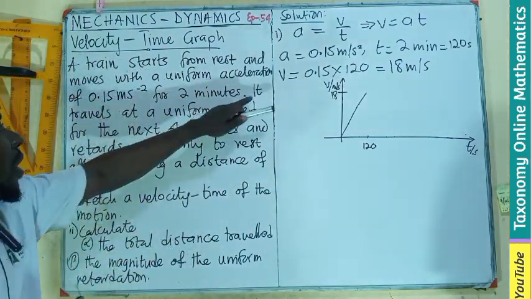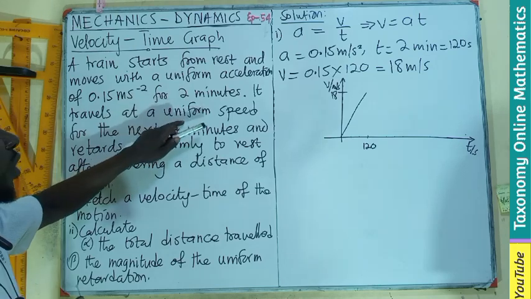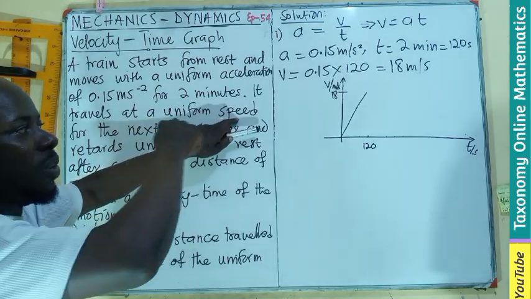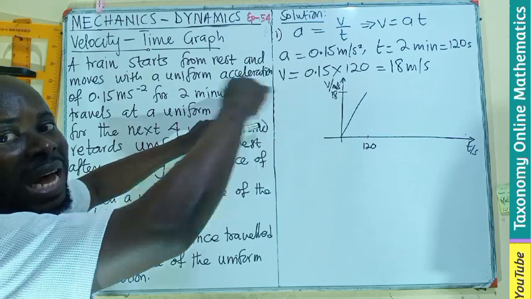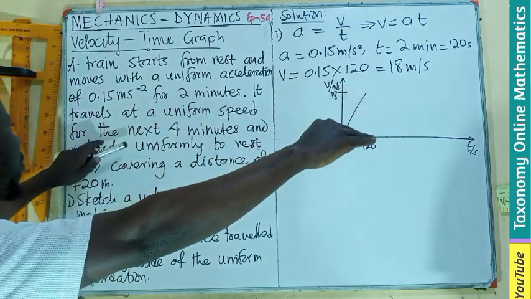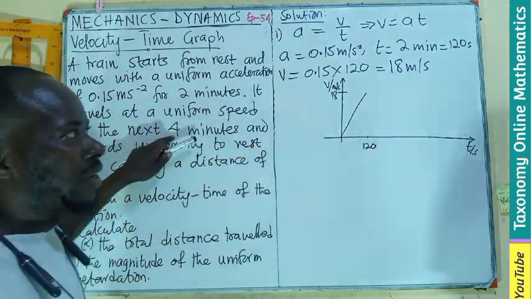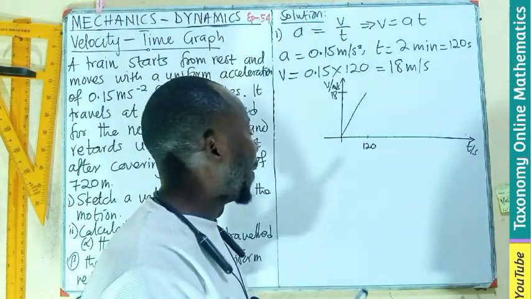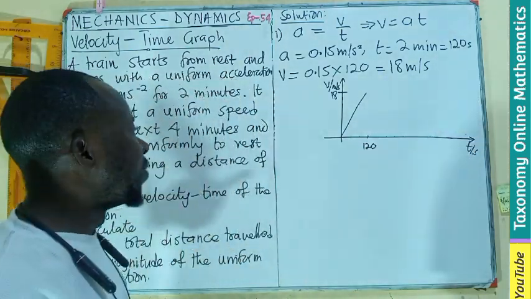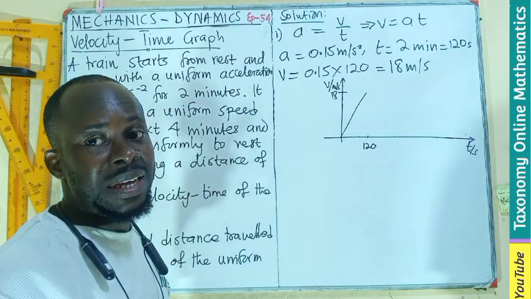Now, it travels at a uniform speed, meaning the speed is not increasing or decreasing. It stays constant at 18 for the next 4 minutes. Remember, if 2 minutes is 120 seconds, then 4 minutes is going to be 240 seconds.